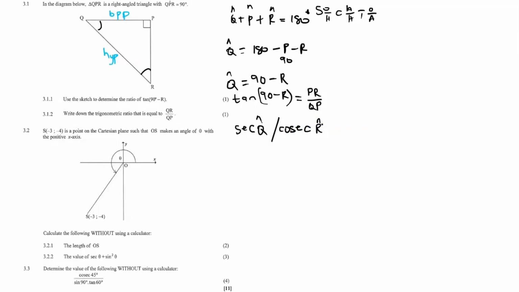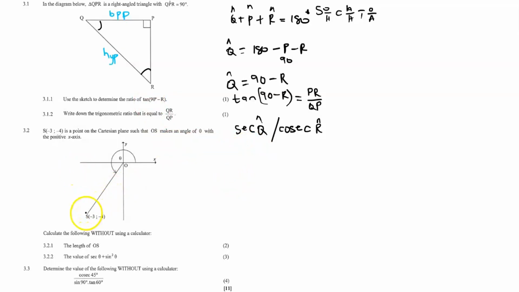And then we go to 3.2. S(-3; -4) is a point on the Cartesian plane such that OS makes an angle of theta with the positive x-axis. And they say calculate, without using a calculator, the length of OS. Now we know that this is OS.